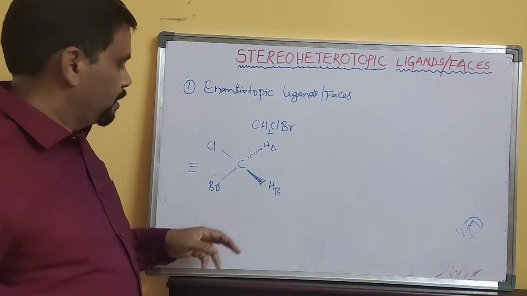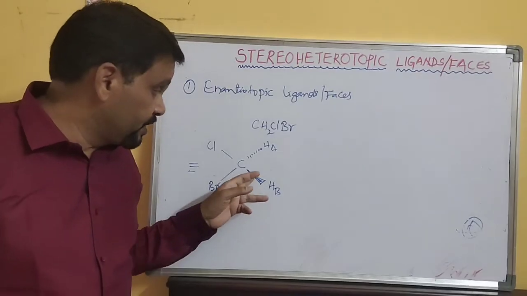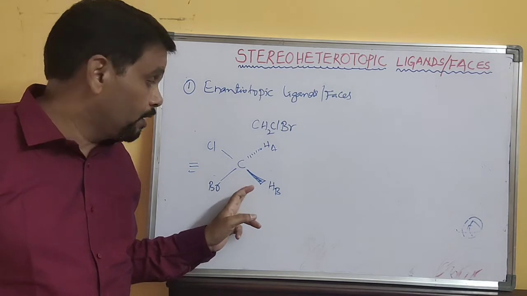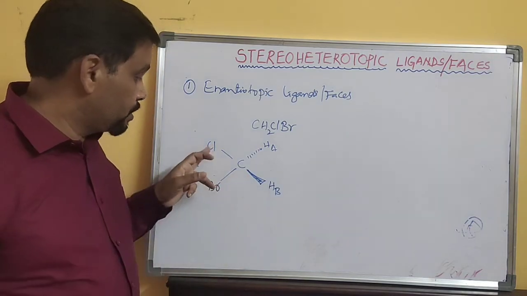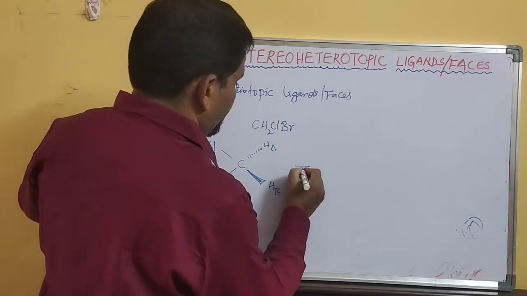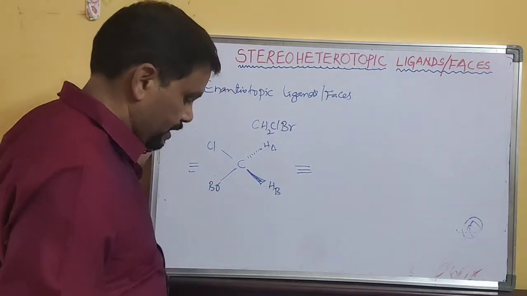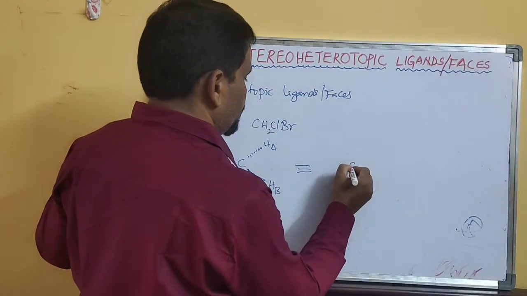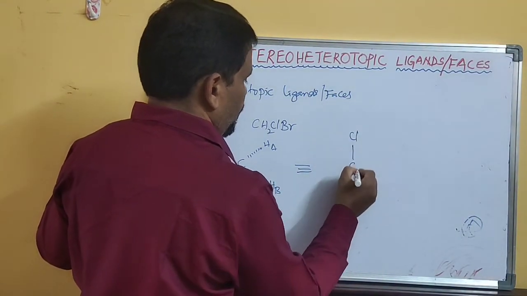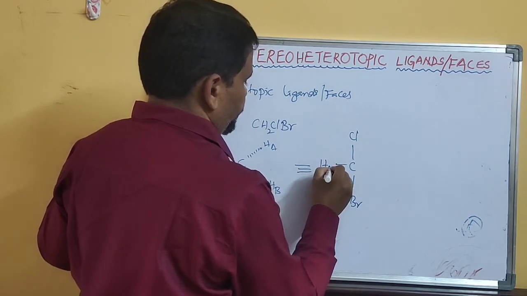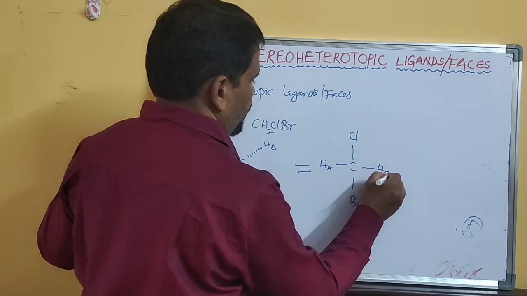Okay, is there any Cn axis of symmetry in this molecule? That means no, because there are two different groups. So this molecule can be represented for your convenience like this: C, Cl and Br, Ha and Hb.